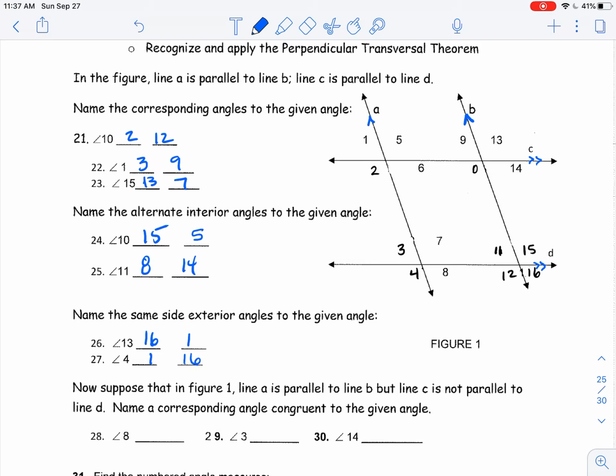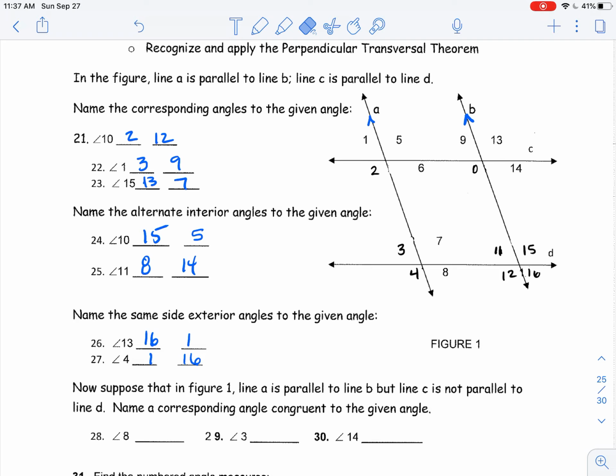Now suppose that in figure 1, line A is perpendicular to line B, but C is not parallel to line D. So let's erase those markings. Name a corresponding angle congruent to the given angle.